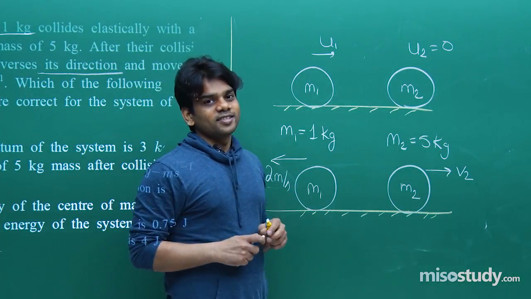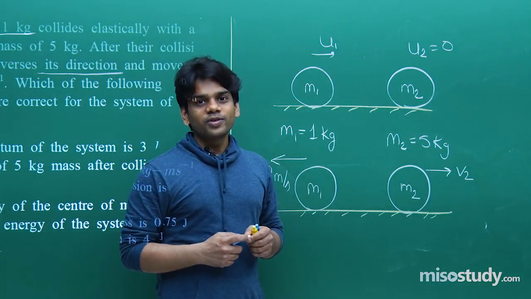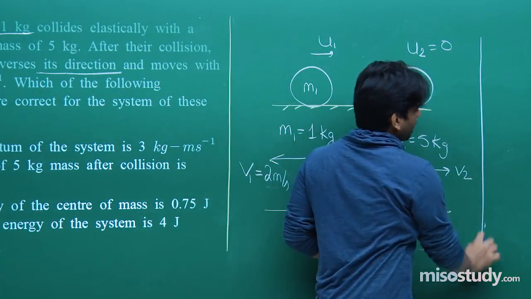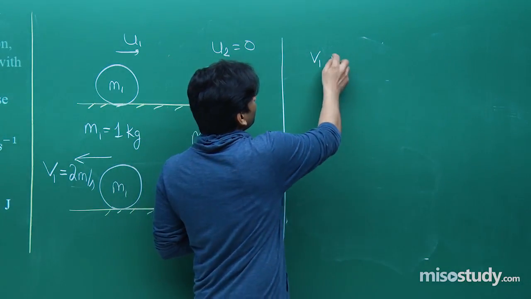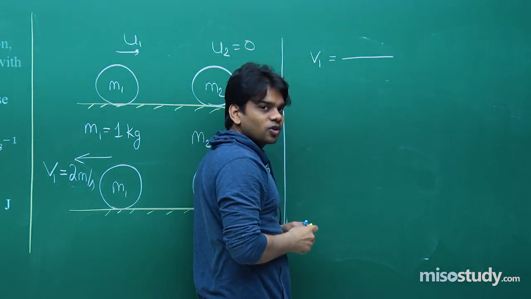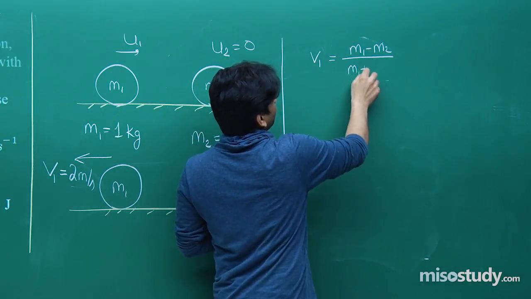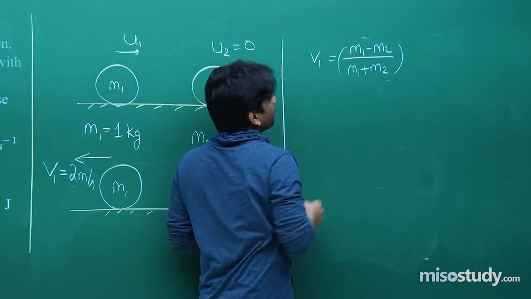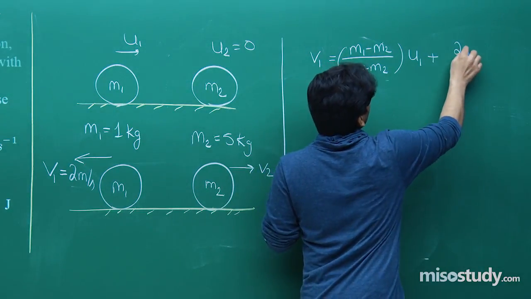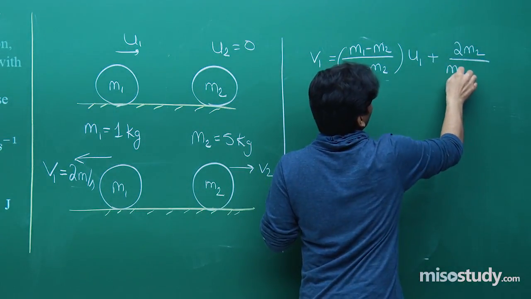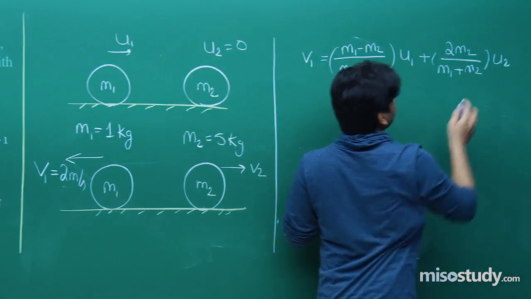Now in our collision case, I have taught you about the final velocity attained by an object after collision. So can we write v1, which is the final velocity, in terms of the initial velocities of both the bodies: m1 minus m2 upon m1 plus m2 multiplied with u1, plus twice m2 upon m1 plus m2 multiplied with u2.